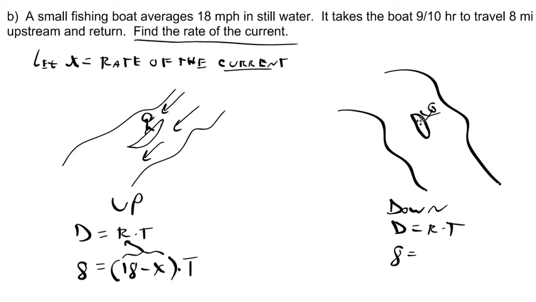Now the rate is he's traveling 18 miles an hour, and now the stream's going down though. Since the stream is going down, he's going to be doing plus. So 18 plus x, because he has a little boost, maybe a little bit of Nas on his little motor. It's kind of cool there. And then multiply that by time.